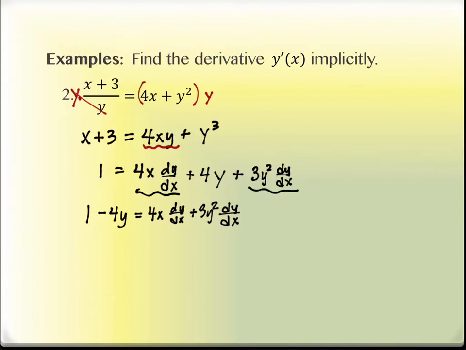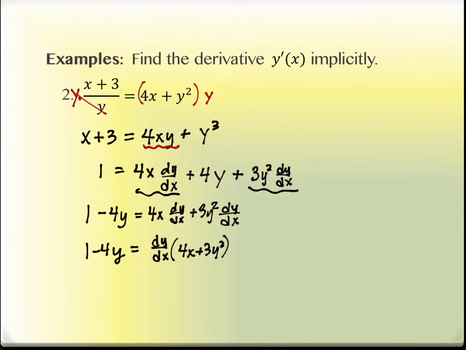Okay, so far? Okay, if the goal is to solve for dy/dx and it's in both terms, I can factor it out. So I can write this as dy/dx times (4x plus 3y squared). Is that all right?